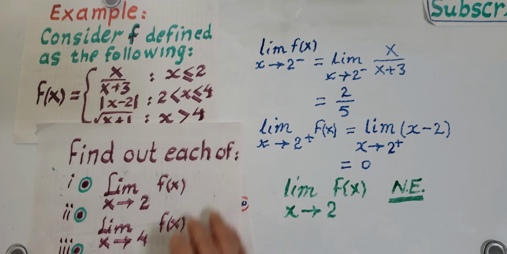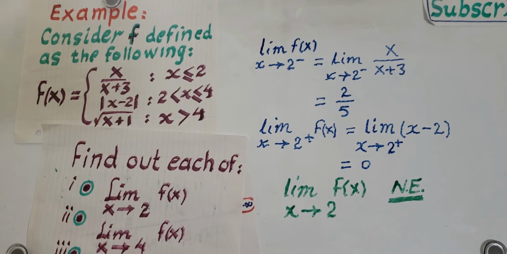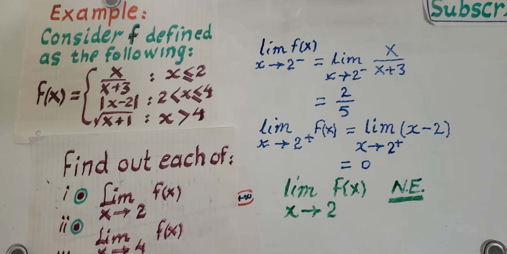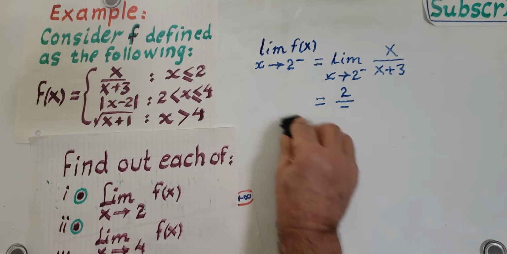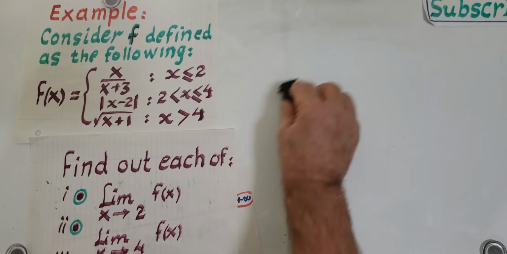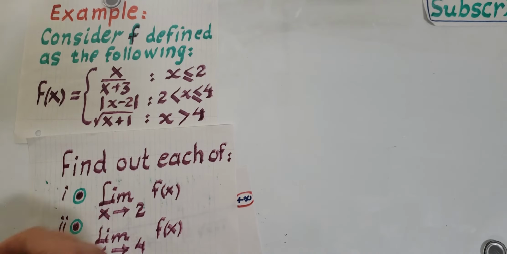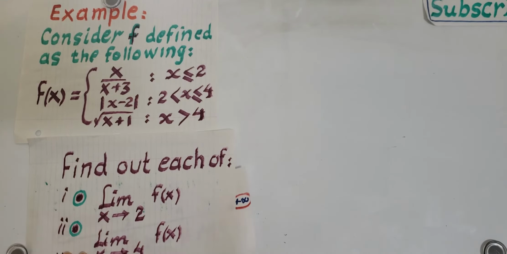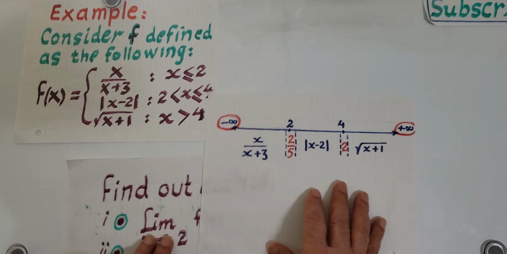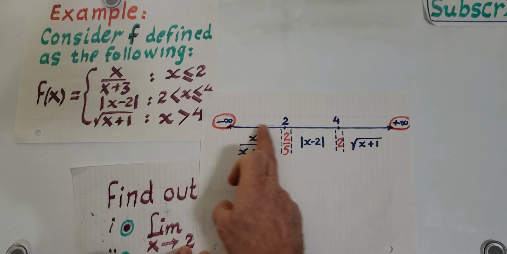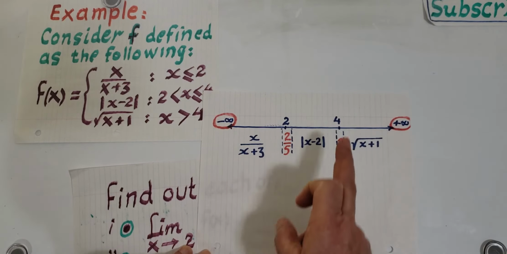We will do it again for the case when x approaches 4. Also the same graph here for the domain, the real numbers. This is 4.